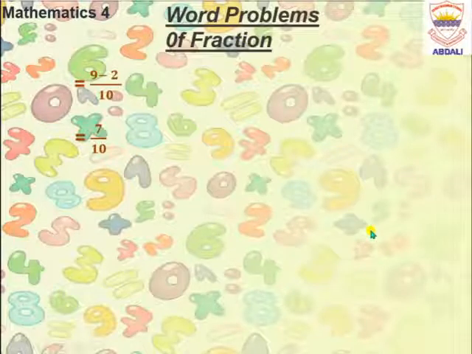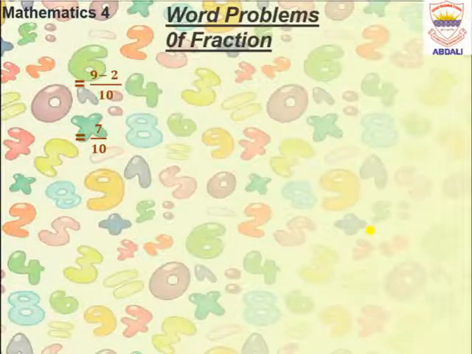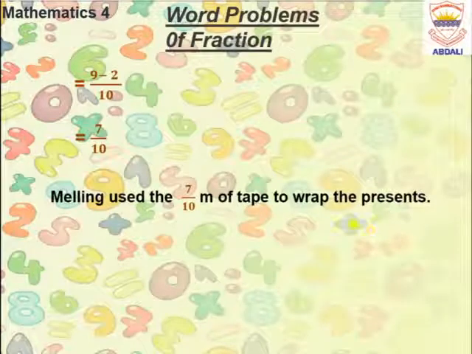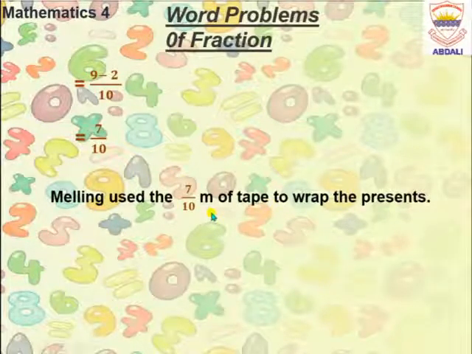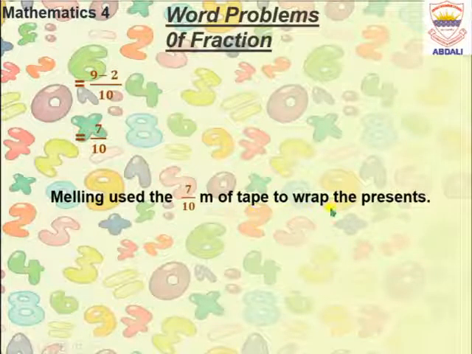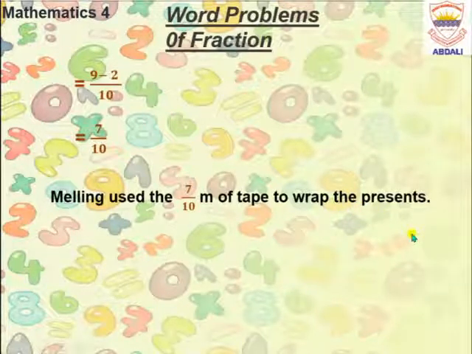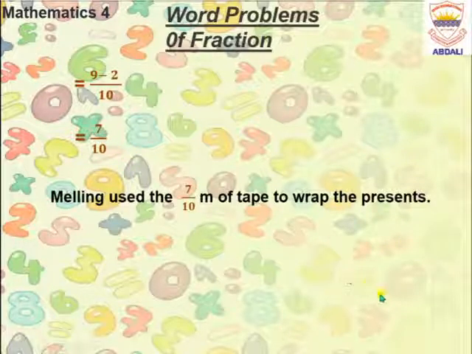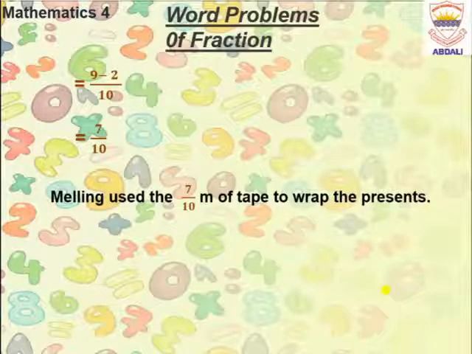It means we have got the answer of our problem. Mailing used 7 by 10 meter of tape to wrap the presents. Hope you all understood it very well and do it in your copy in a good way.